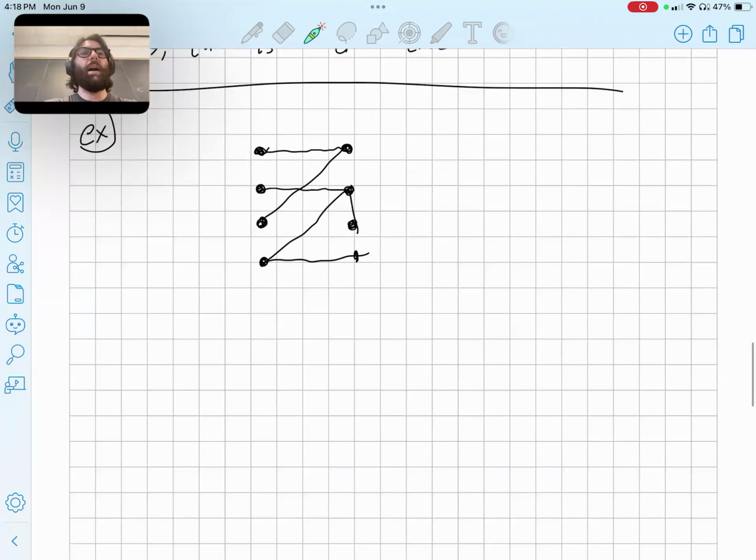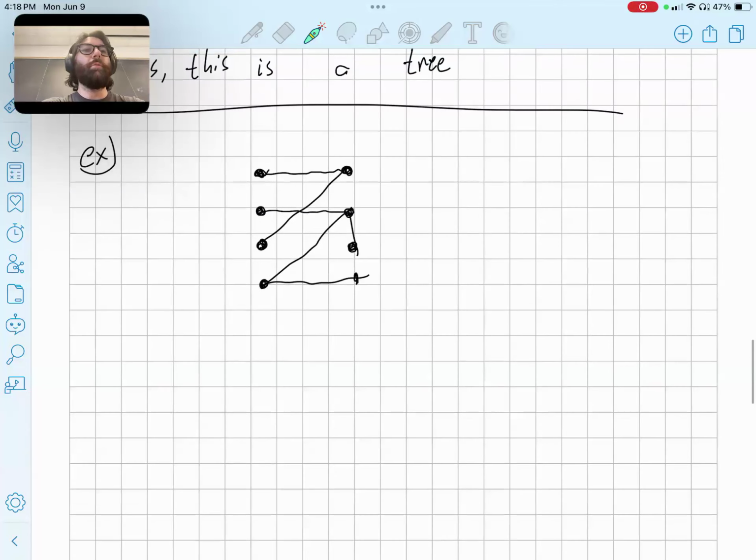Redrawing this, you can redraw it in the same way. If I draw these three edges, I can draw them like so. This vertex is this vertex, and the edges correspond like so.